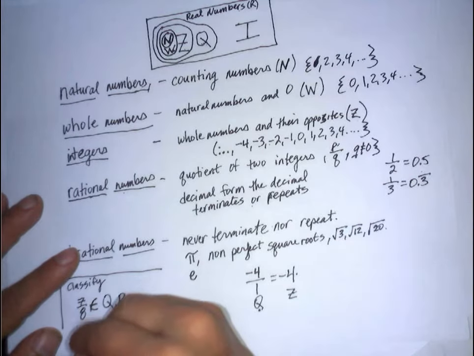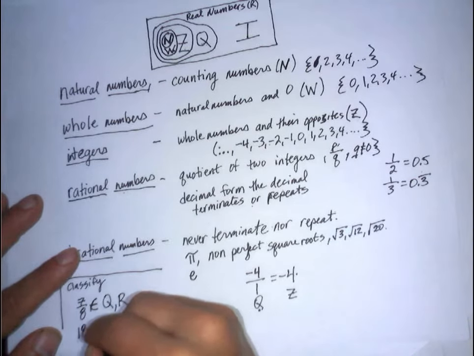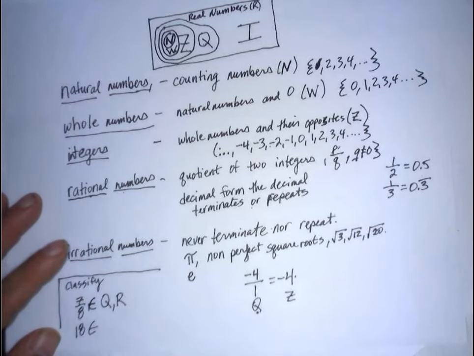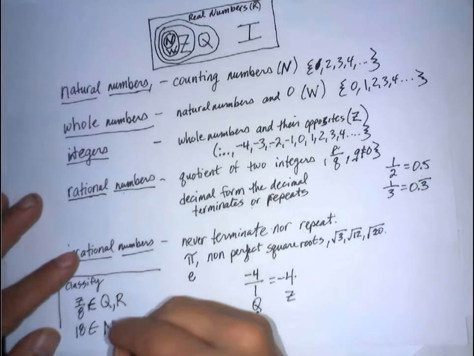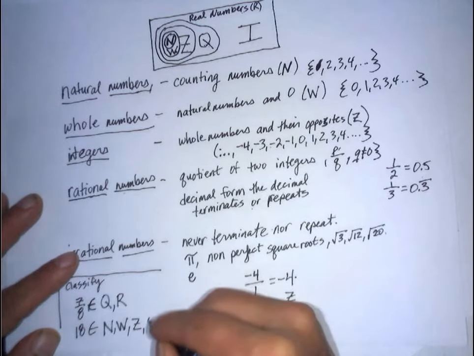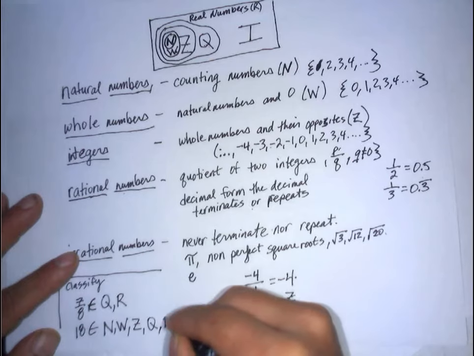What about 18? 18's got a lot. 18 belongs to the natural numbers, the whole numbers, the integers, the rational numbers, and the real numbers.